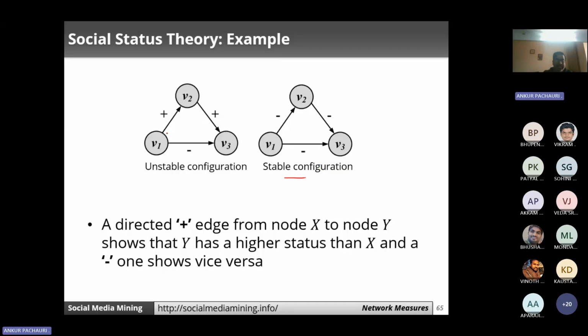Okay, V1 is elder than V2. So if plus means elder and, sorry, in this case negative was elder and suppose positive is younger. So V1 is younger than V2, V2 is younger than V3, but V1 is elder than V3.